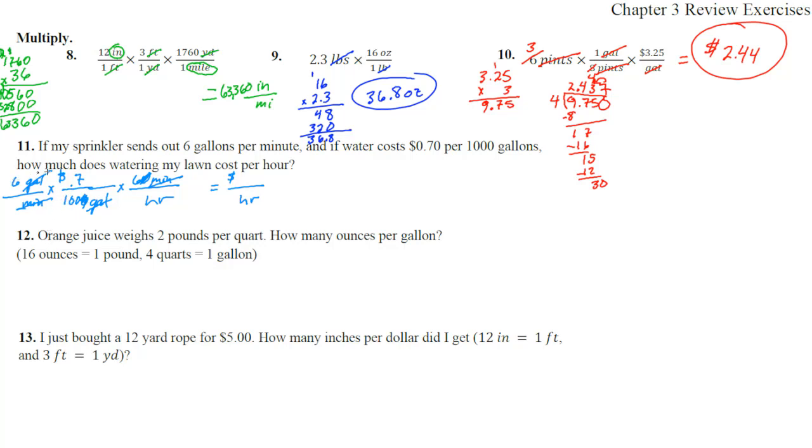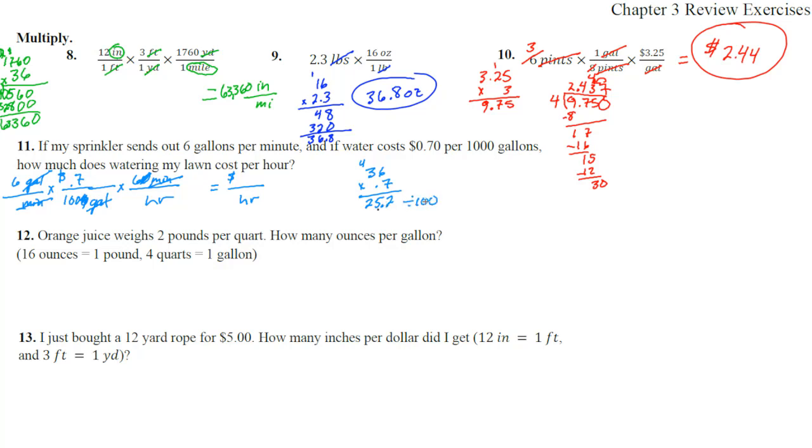So 6 times 0.7 times 6. Well, I can do 6 times 6 is 36. That's nice. And then times by 0.7. 7 times 6 is 42. Carry the 4. 7 times 3 is 21. Plus 4 is 25. So we got 25.2. And then we're going to divide by 100.